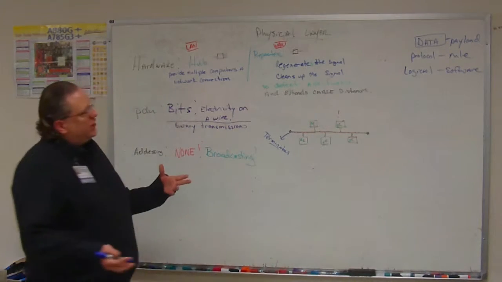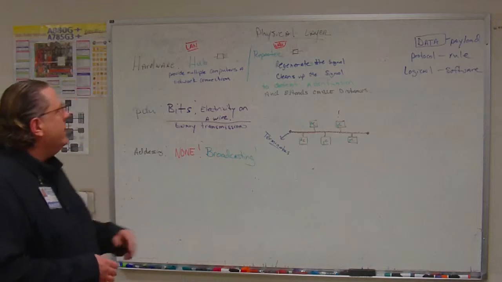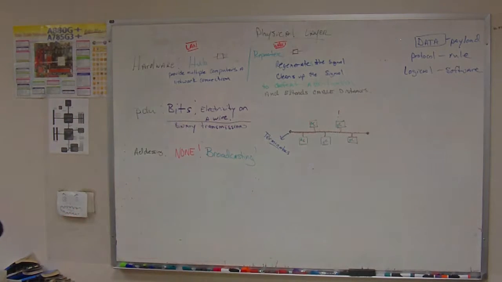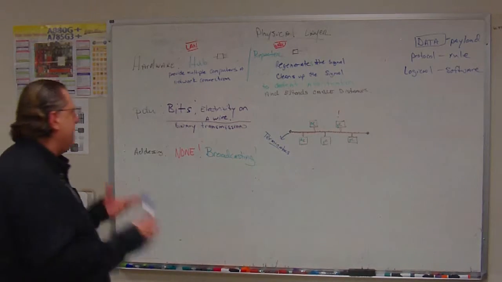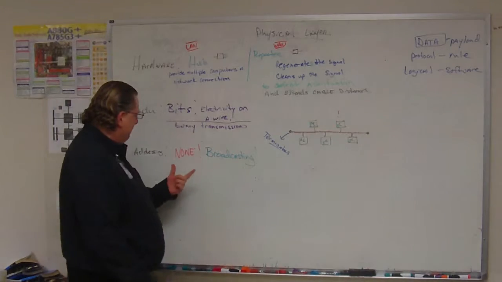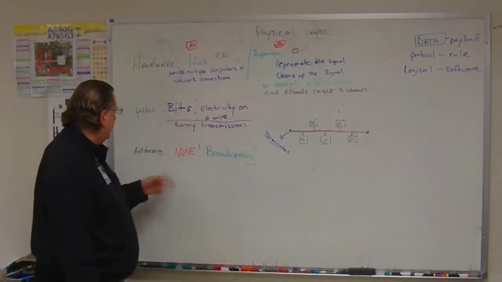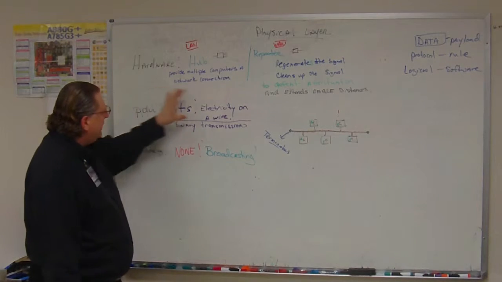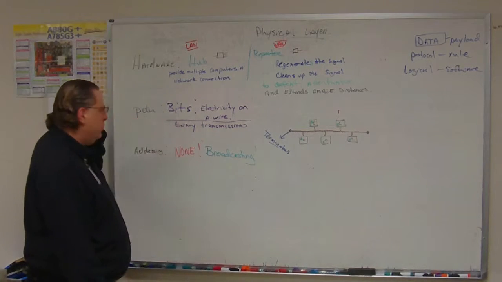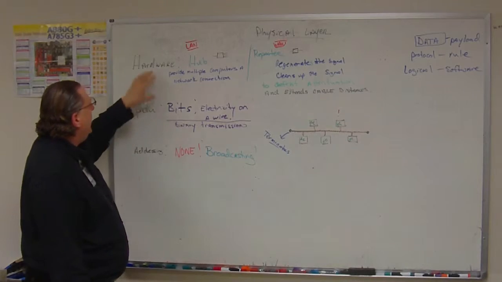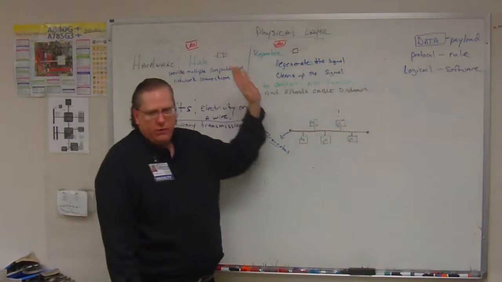So on a quiz or a test that asks, name one piece of hardware, the one PDU, and addressing at the physical layer, you should have none or broadcasting. That's one type of addressing. You should have bits, electricity on the wire, or binary transmission. One of those is a PDU. And then a hardware, I need hub or repeater.